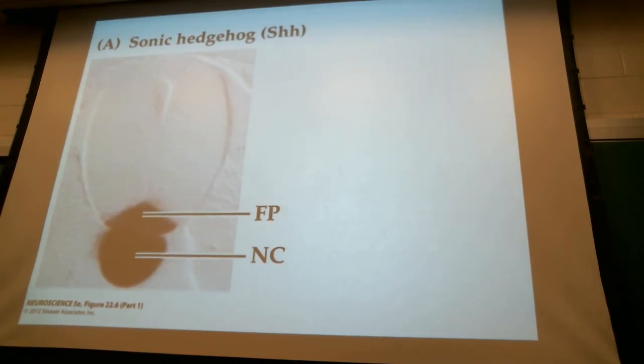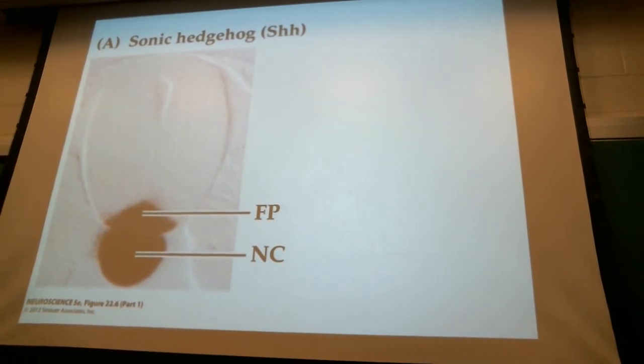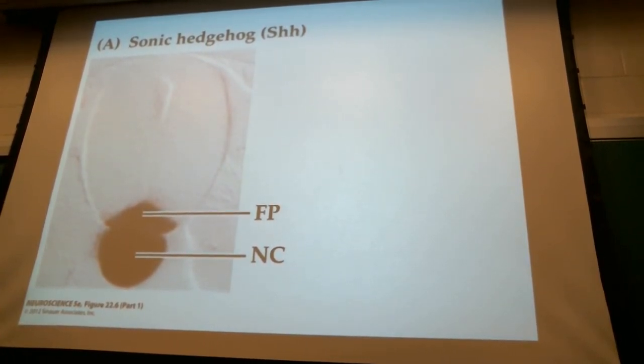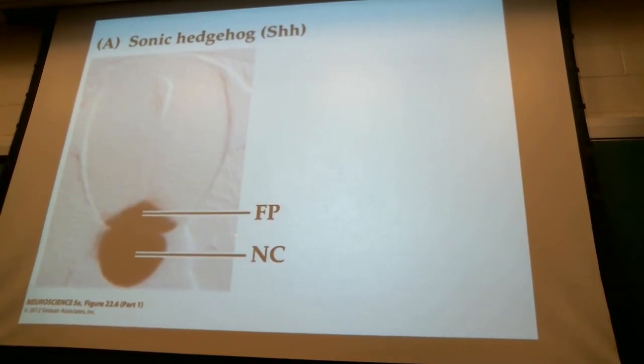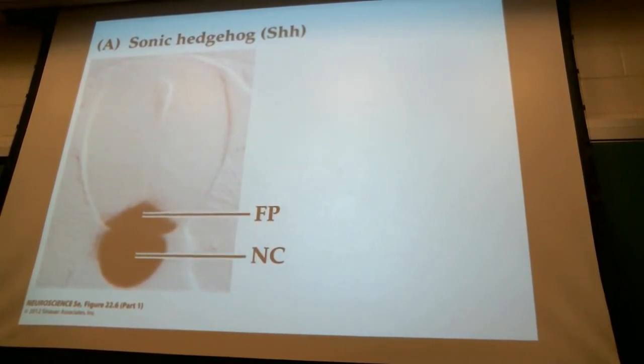So you use probe to bind to this certain messenger RNA sequence, but this probe is conjugated with some kind of enzyme. And this enzyme, if you add substrate, will make some chemical reaction, and as a result, it makes color. So this dark color is done by this enzyme. And as you can see, sonic hedgehog messenger RNA is pretty restricted to floor plate, FP, and the notochord.